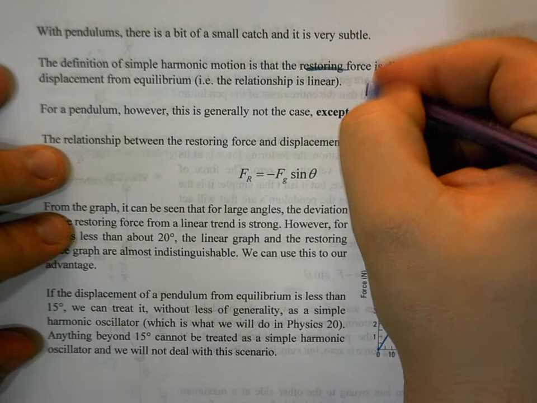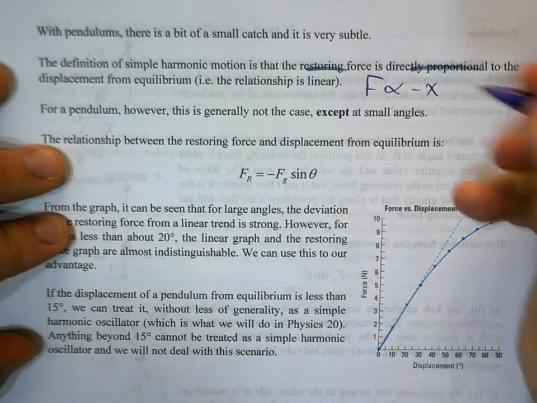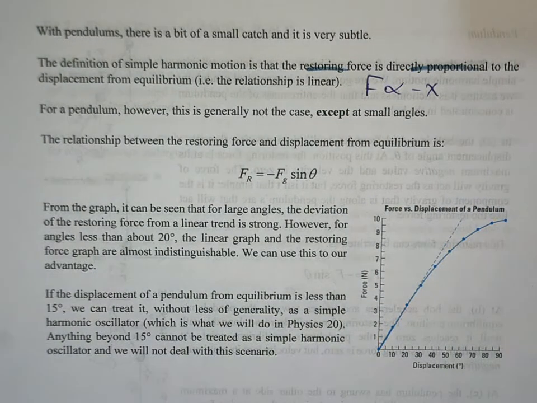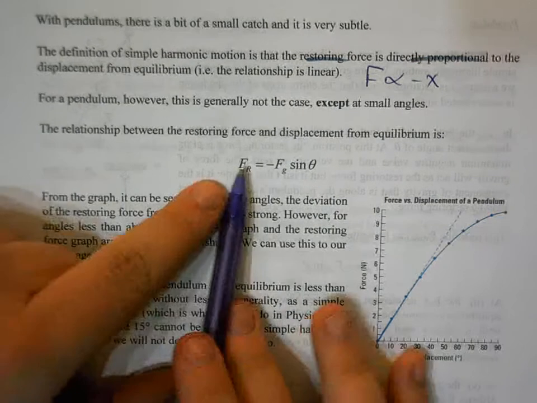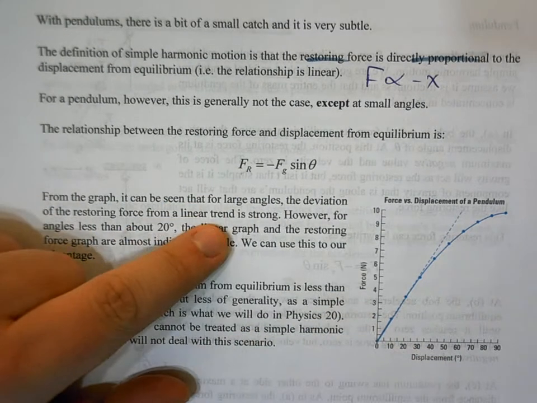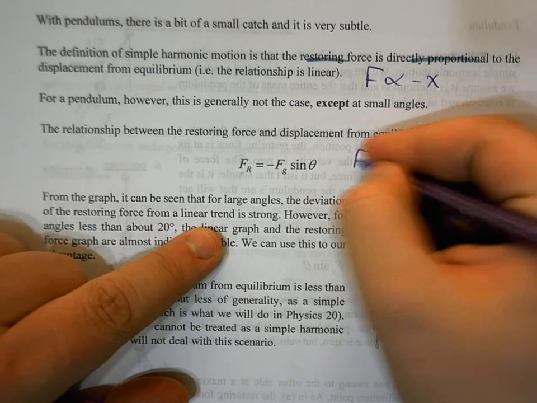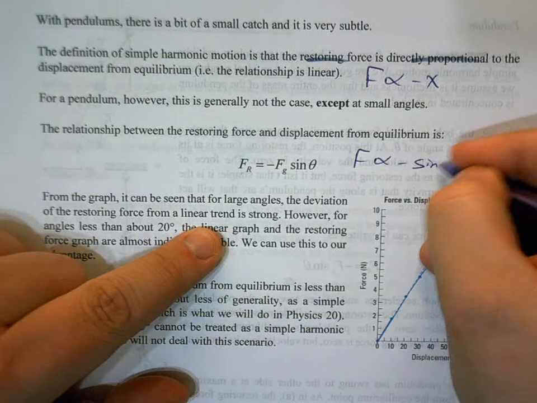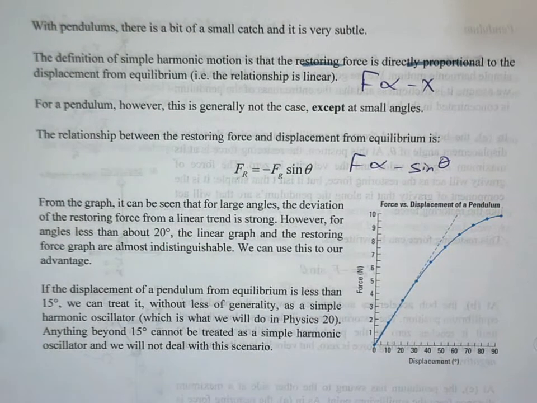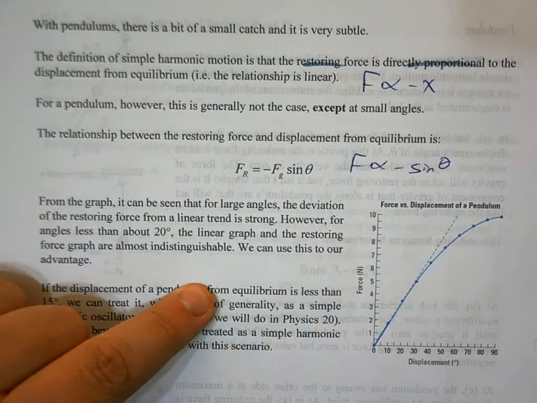Or rather, F is directly proportional to negative x. For the pendulum, you see here, Fr is equal to negative Fg sine theta. The restoring force is proportional to negative sine theta. This is not a linear relationship.